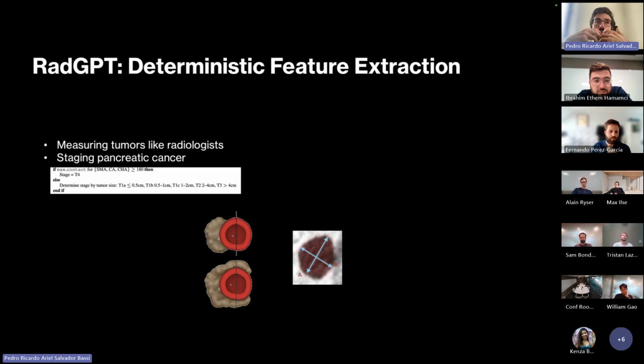And basically, to determine the local stage, the T stage of the tumor, two pieces of information are very important. The first one is the size of the tumor, which we measure as I explained just now. So smaller means smaller stage. But another very important piece of information is the degree of contact between the tumor and the important blood vessels around the pancreas, meaning the SMA, the CA, and the CHA.